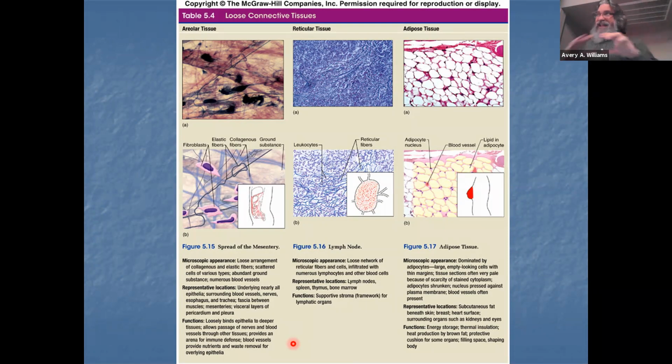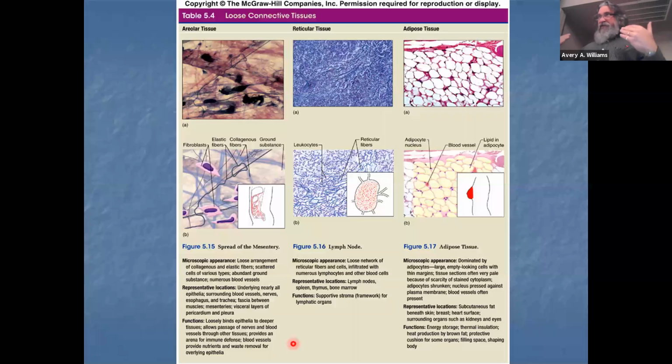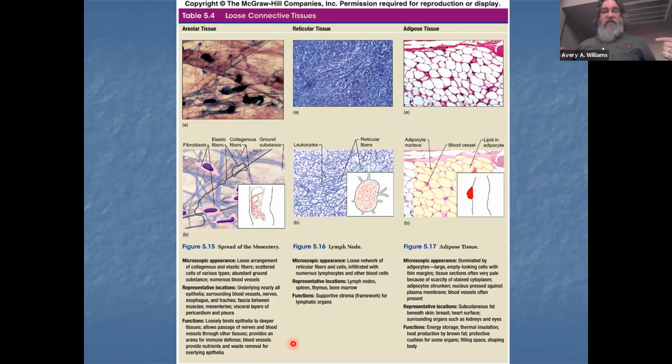The papillary layer, that's right underneath the epithelial layer, and it's the lamina propria. But we refer to it as the papillary layer of the dermis. Or you have a mucous membrane, an epithelial tissue, right? So the tissue underneath a mucous membrane would be the submucosa. So the submucosa is a lamina propria. The dermis, specifically the papillary layer of the dermis, is a lamina propria, and so forth.